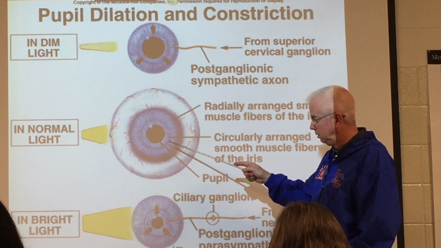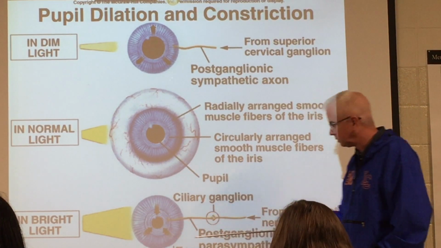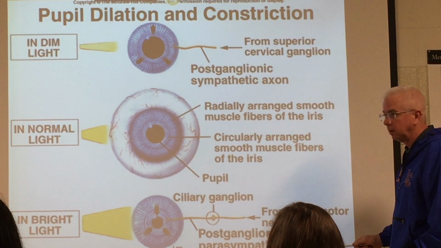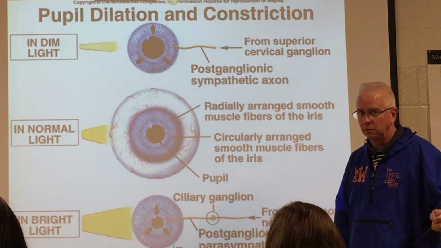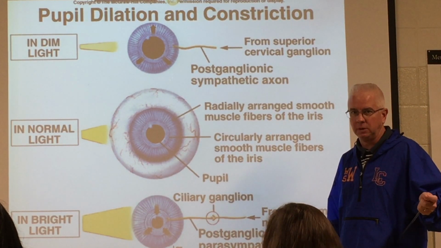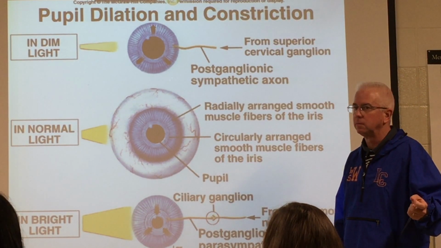Okay? Now, we also know that the inside layer of smooth muscle is innervated by postganglionic parasympathetic fibers. Which cranial nerves are used to deliver parasympathetic information? 3, 7, 9, and 10.